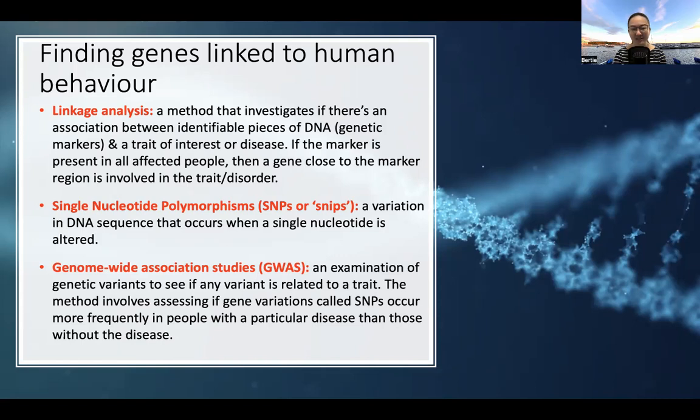Genome-wide association studies is an examination of genetic variants to see if any variant is related to a trait. The method involves assessing if gene variations, called SNPs, occur more frequently in people with a particular disease than those without the disease.